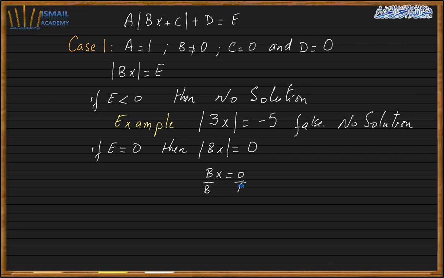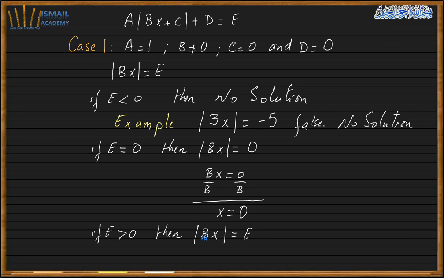Third case, if e is greater than 0, then we end up having absolute value of bx equal e.